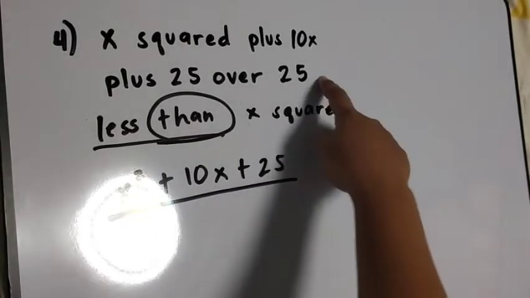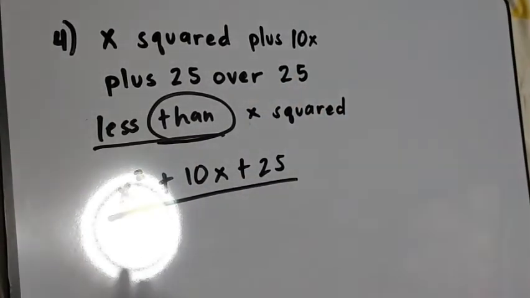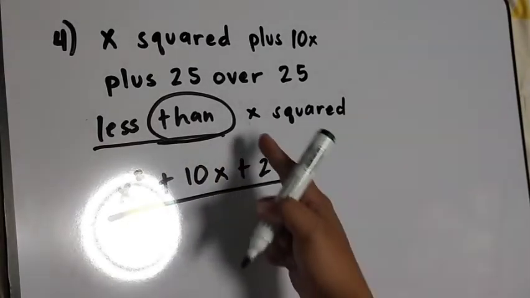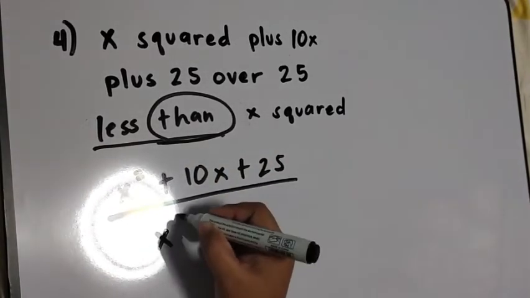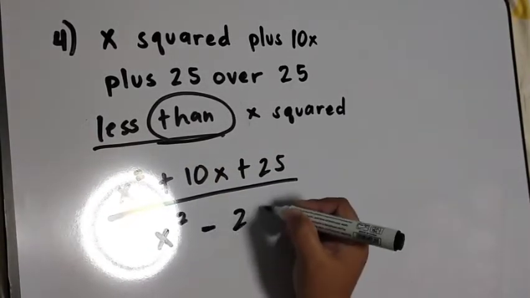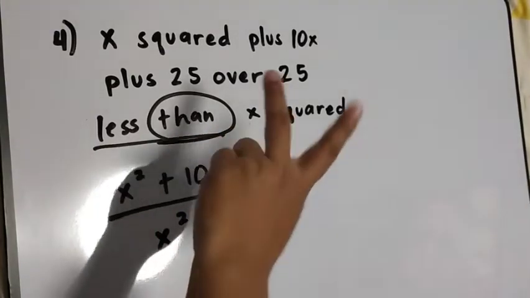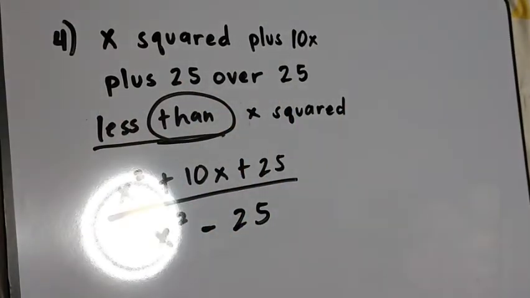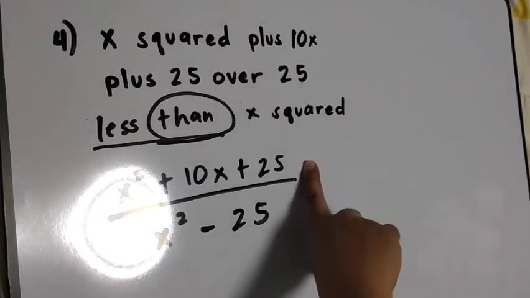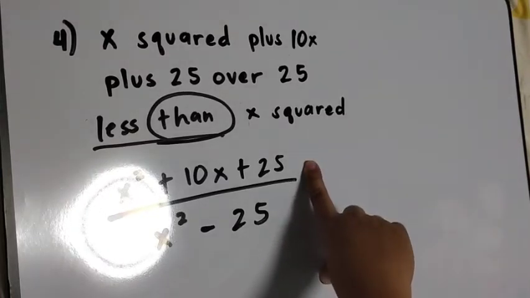So, imbis na 25 minus x squared, since less than ang nakalagay, magiging x squared minus 25 siya. So, kung nakalimutan na, laging tandaan kapag may less than or more than, baliktad sinusulat yung expression. So, we have here now x squared plus 10x plus 25 over x squared minus 25. Numerator, may common factor?